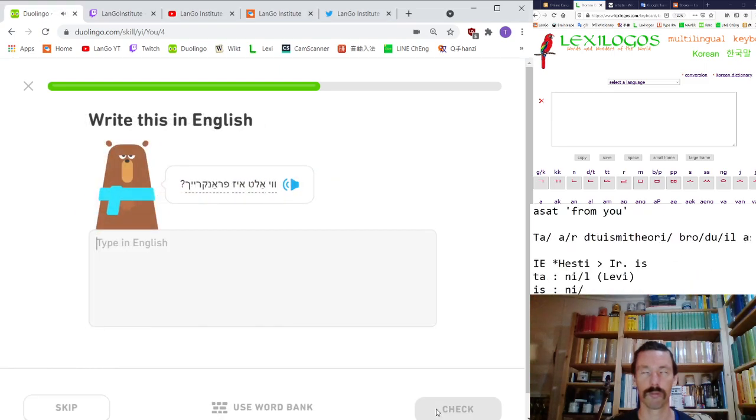Wie alt is Frankrijk? Sounds a bit lengthened there. Wie alt is Frankrijk? Can't really tell if it's the monophthong a or if there's a slight hint of a y. How old is France?